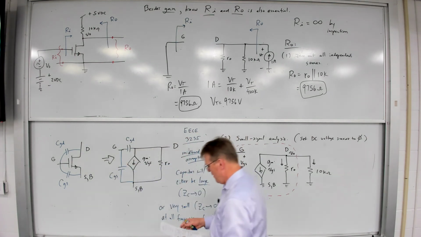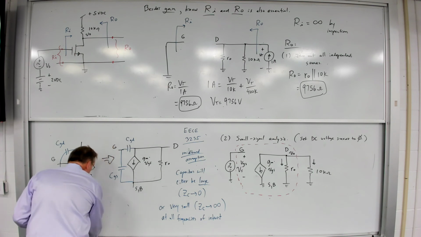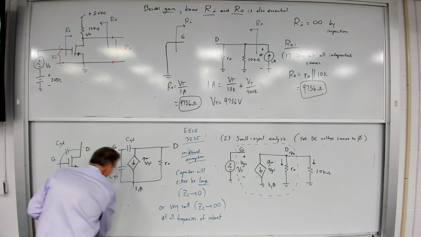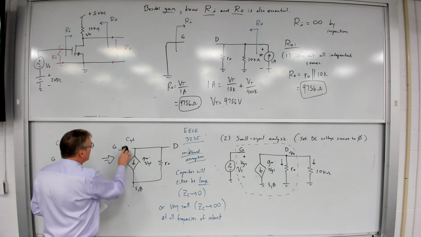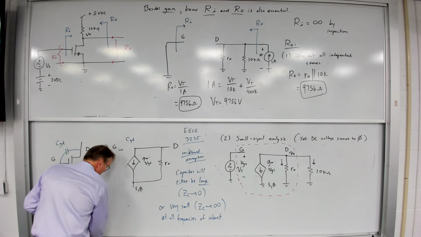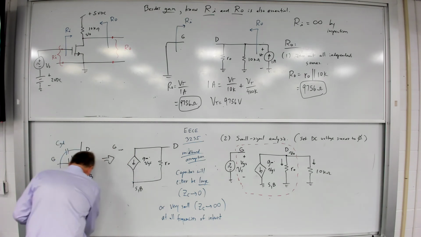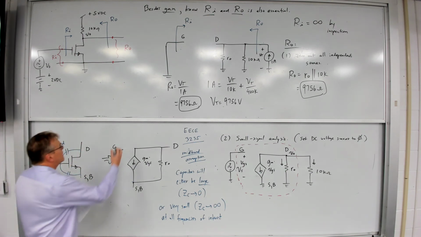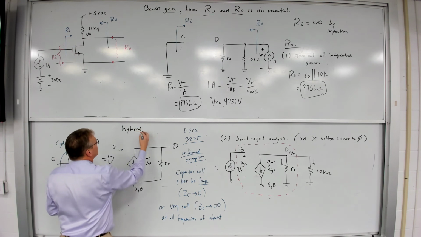One other thing you need to know before we close today is there's a name for this model. If you look in the literature, it's called the hybrid pi model.